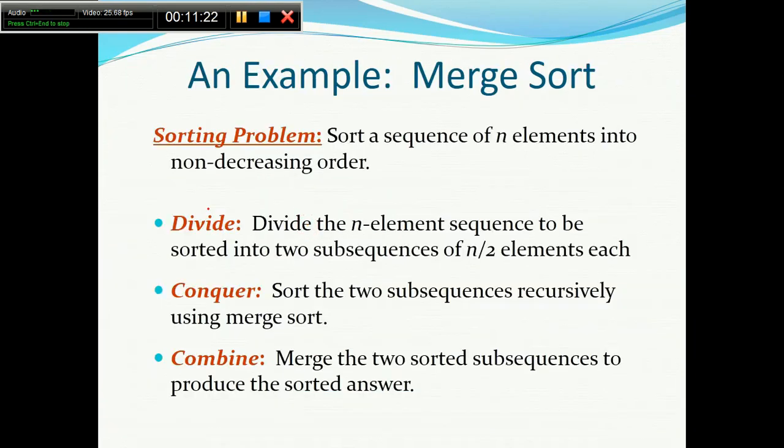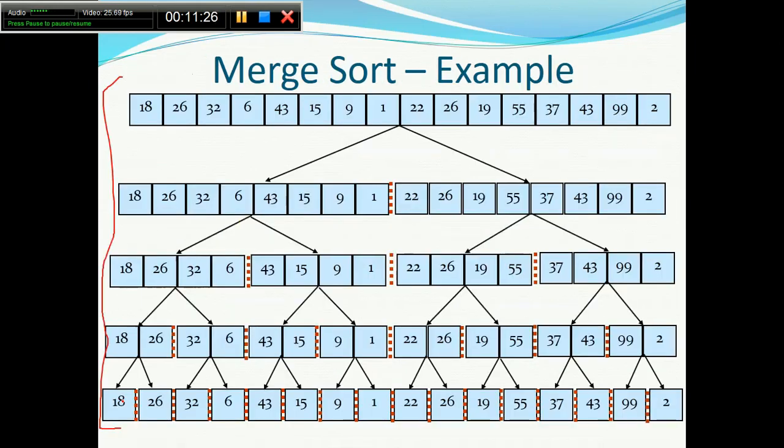See here, we divide, and then we are only doing the combine. So we'll take an example. Suppose I have n, divided into n by 2 and n by 2.